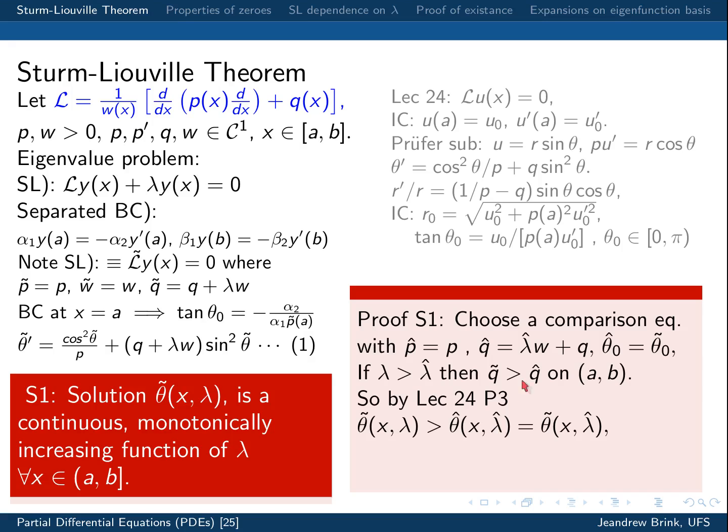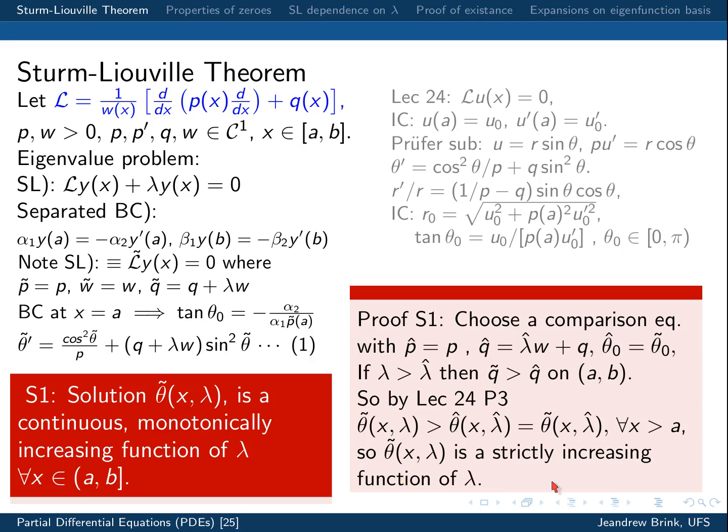But if you look at the definition up here, theta hat of x and lambda hat is merely theta tilde of x and lambda hat, from which this result follows.